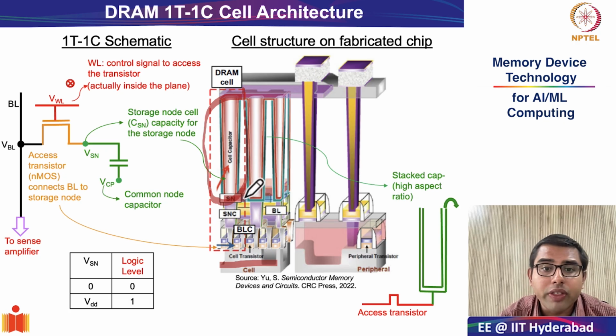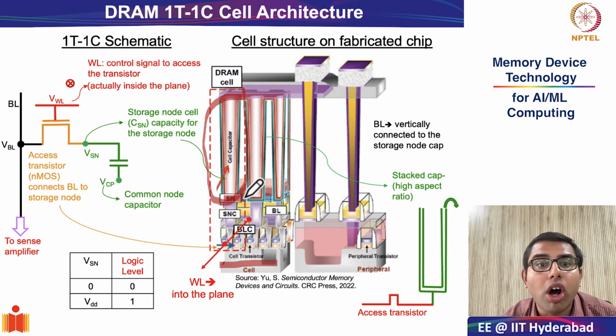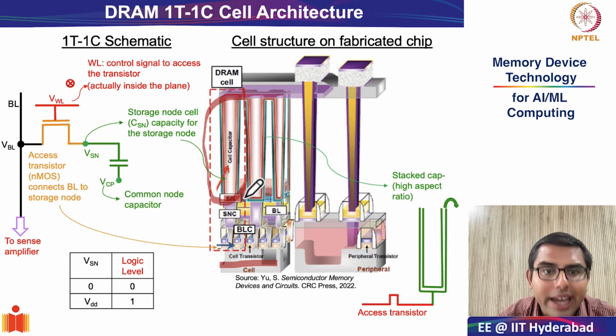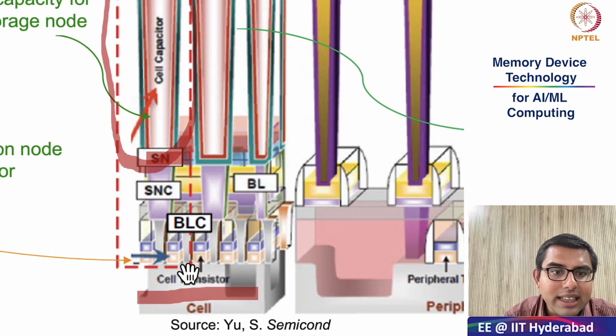The next important thing to notice here is the position of the bit line and the word line. The bit line will be connected to one of the ends. If you zoom into this image, you will see that this is the cell transistor.